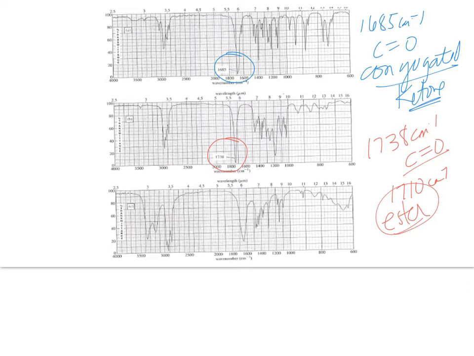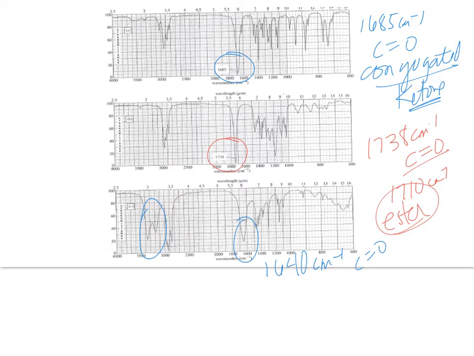And then this next one here, we have this peak, and this peak is kind of a moderate peak. It's around 1640 reciprocal centimeters. We also have this peak here, and there's two humps there. It's not broad like an OH.